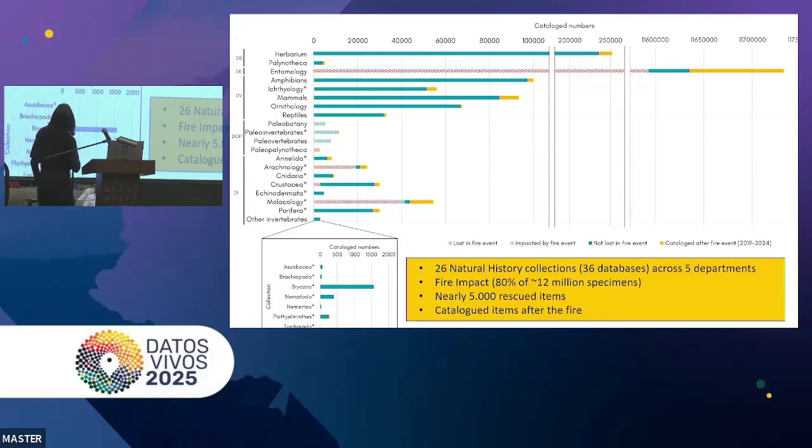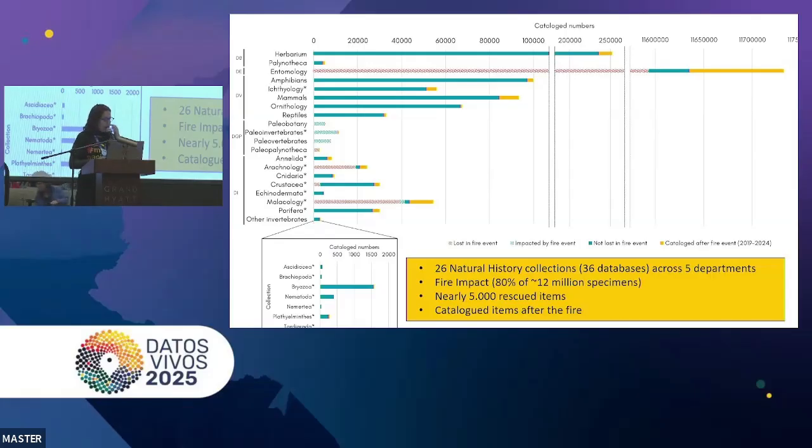So there is botany, entomology, vertebrates, geology, invertebrates. So entomology, nearly all is gone. And we had a strong impact also in arachnology and malacology. These were inside the palace and it was a huge impact.